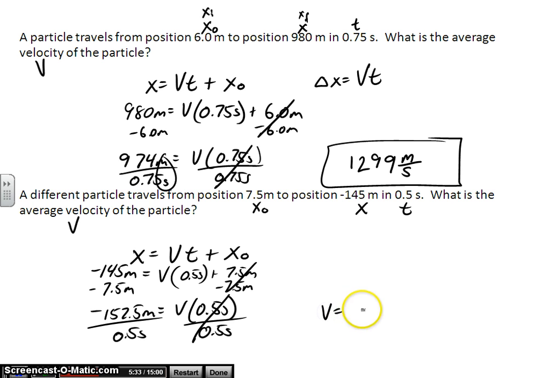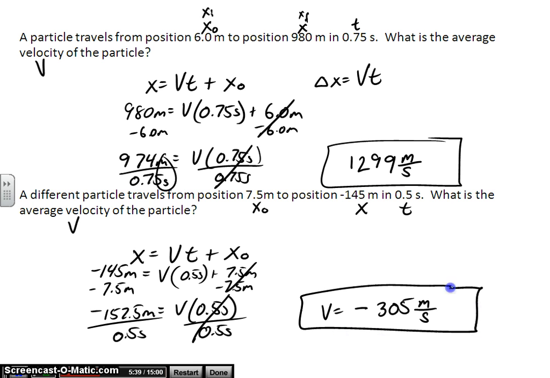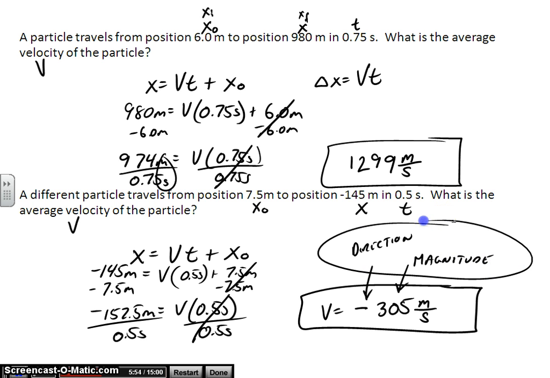My velocity is negative 305 meters per second. That negative is your direction. Your magnitude is 305 meters per second. Magnitude and direction mean I have a vector.